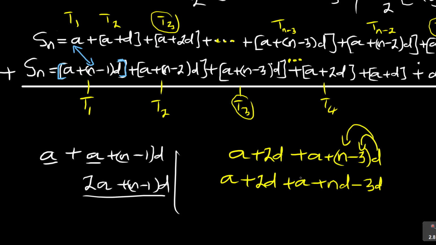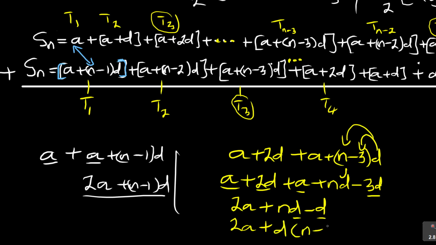Remember when you are opening the bracket, then you collect like terms: a plus a is 2a, plus nd, and then 2d minus 3d is minus d, so which is 2a plus, collect like terms, d is common, d n minus 1.